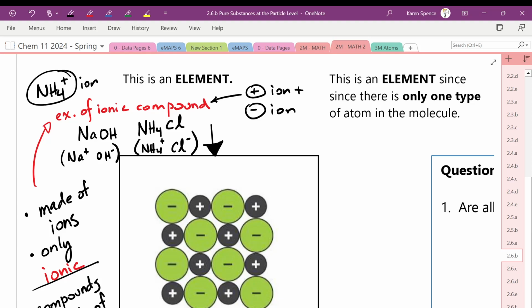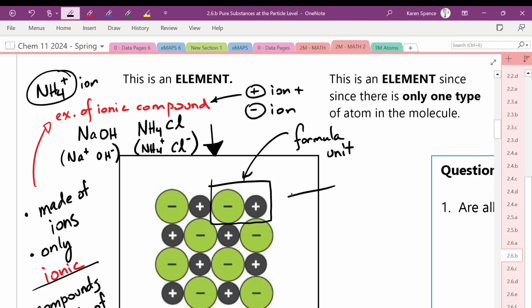All right, my friends. All the particles are the same, right? If you look at this, what do we call that single unit of a crystal lattice? That is called a formula unit. All the formula units are the same.